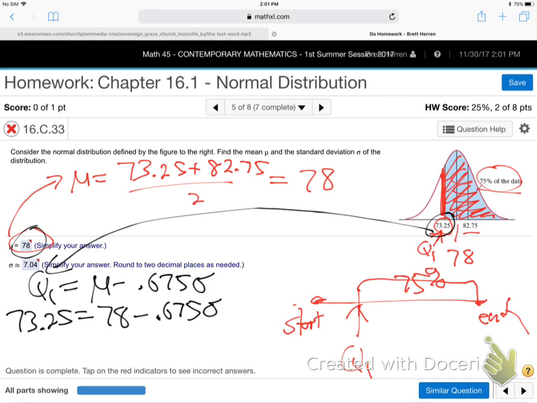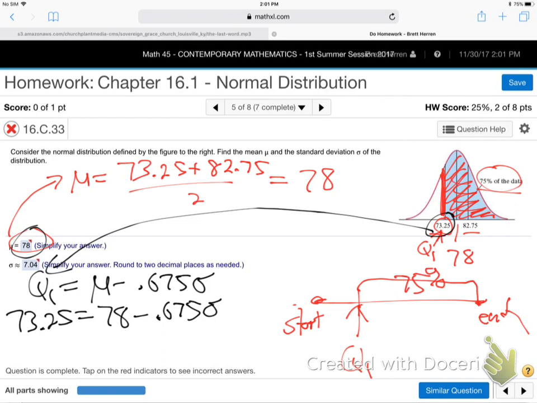Now I just solve that little equation for sigma, and I'll have the right answer. So let's do that. Does it make sense how I got that set up? I just identified this is Q1 because 75% of the game is still to go. So that's into the first quarter. That's Q1. Wrote the Q1 formula, put in Q1, mu we already had from the previous step, 78.